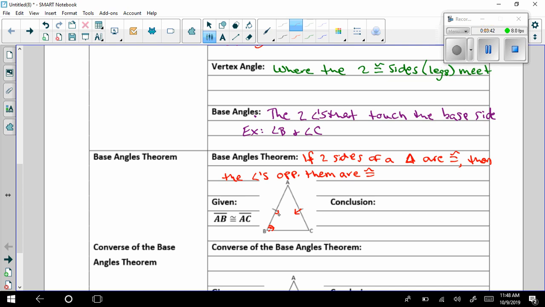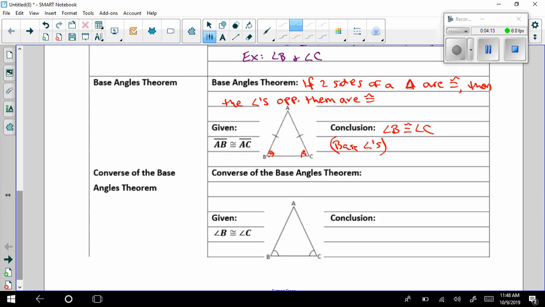Right? This side here is opposite to this angle here. Well, if this side and this side are the same, then that means that angle B and angle C are also the same. So your base angles are congruent. So if it is isosceles, the base angles are congruent. That's another way to put that. Okay.